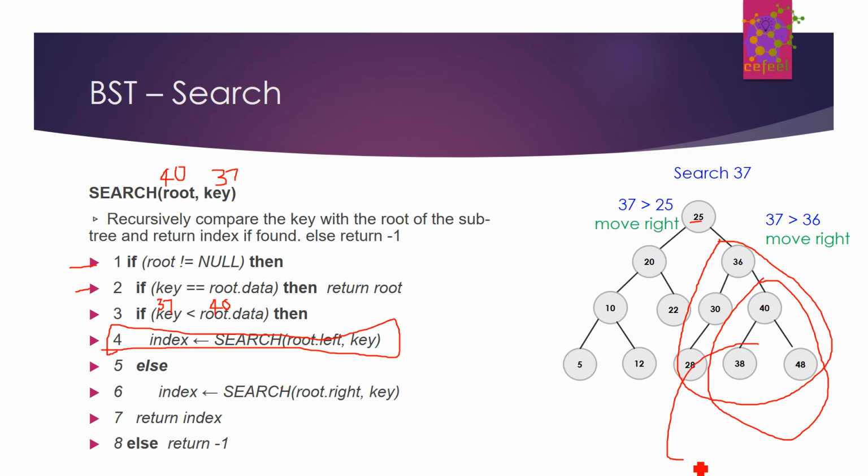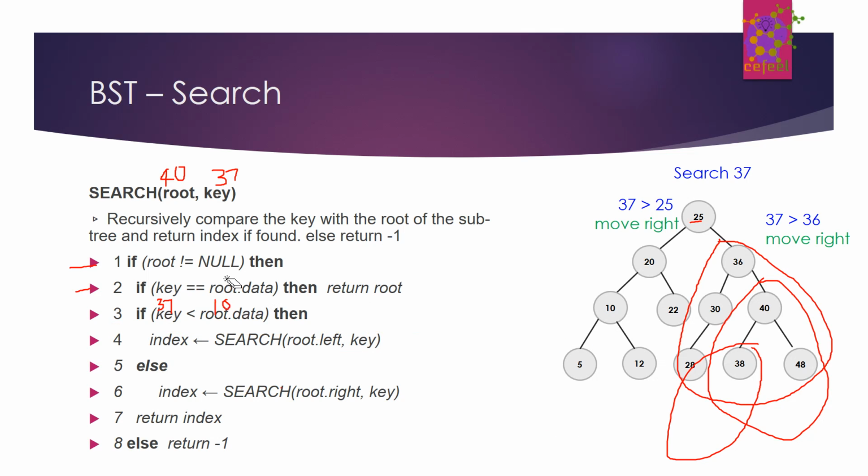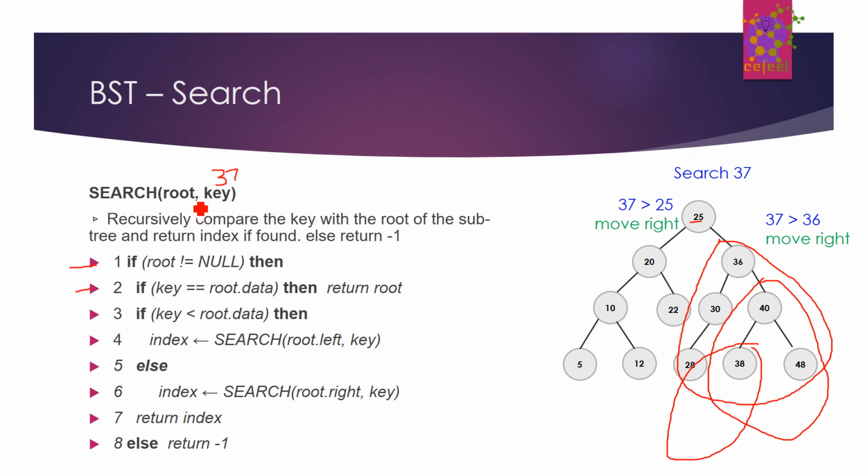The left child of 40 is 38, so 38 and 37 will be passed here, and it's another recursive call to the search. So let me clear this over again, and this is 38 now, so let me write down 38 over here.